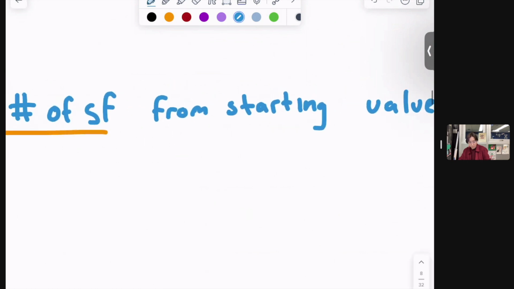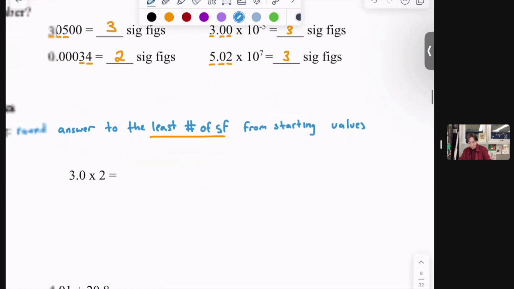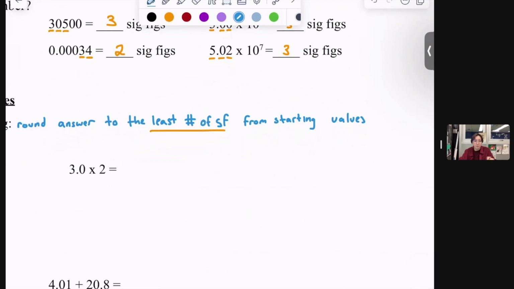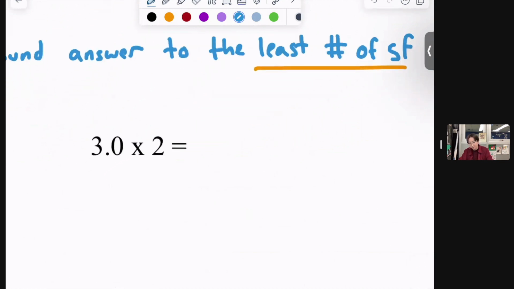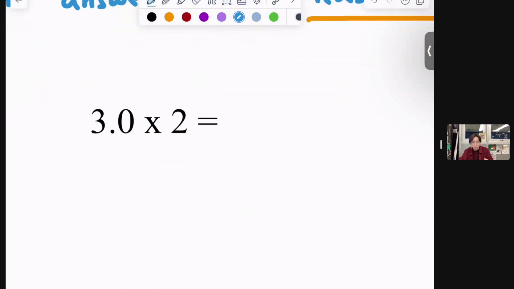Okay, so if you're multiplying or dividing, for figuring out how to round, you always look at your given, whatever numbers you started with. So in this case, we're comparing 3.1 and 2. That's my starting numbers. So when I get my answer, I'm going to look back at what I started with to decide how to round it correctly. So 3.0 times 2, plug that into a calculator, or do it in your head, whatever.